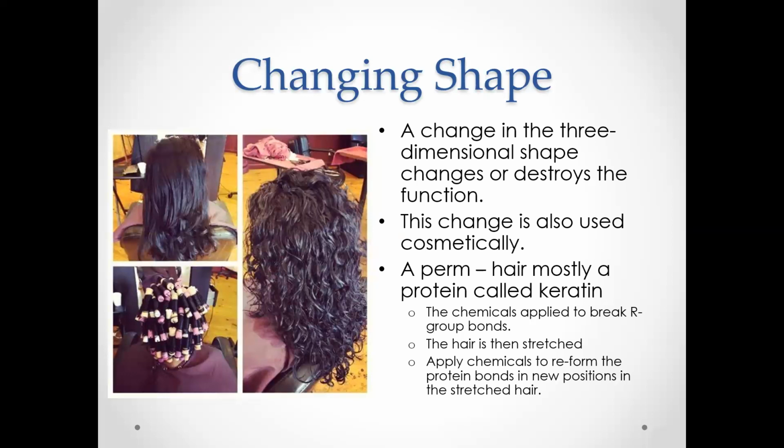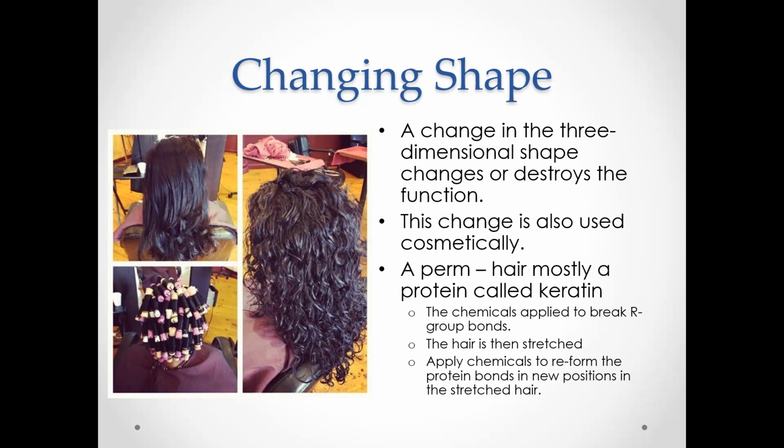Now, we have learned to change the shapes of proteins for our benefit. For example, if you've ever done anything to your hair, like get a perm or a relaxer, it's all about changing the shape of your keratin proteins. A change in the three-dimensional shape can change or destroy the function. When we get a perm or a relaxer, we're just changing the shape of our keratin proteins.